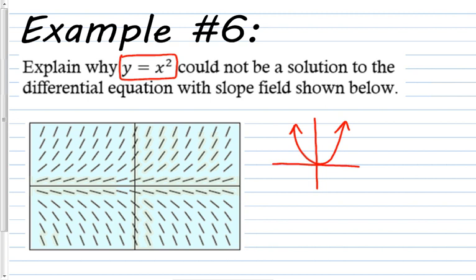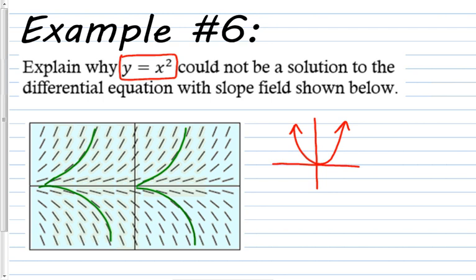Looking at this slope field, if I were to follow it, it kind of looks like I have something like this. Just about anywhere I draw, it looks like I have something like that. So maybe it goes like this. So it doesn't even look like x squared. But putting that aside, let's look at the slopes again.